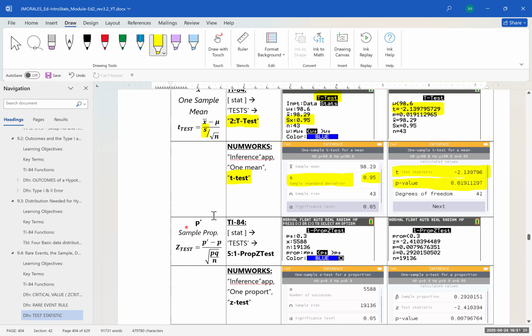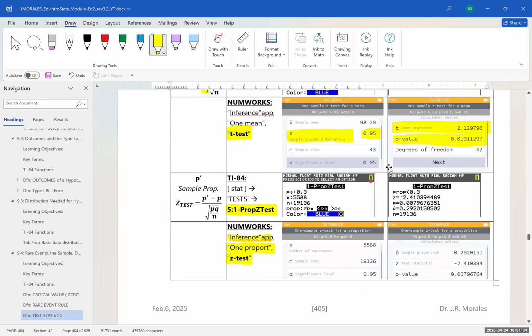And if you're dealing with proportions, there's a one proportion z-test. And with the NumWorks inference app, go to one proportion, and then you do one proportion z-test. And you can see with this one, it's asking for the proportion that you're testing, the number of successes, and the sample size.